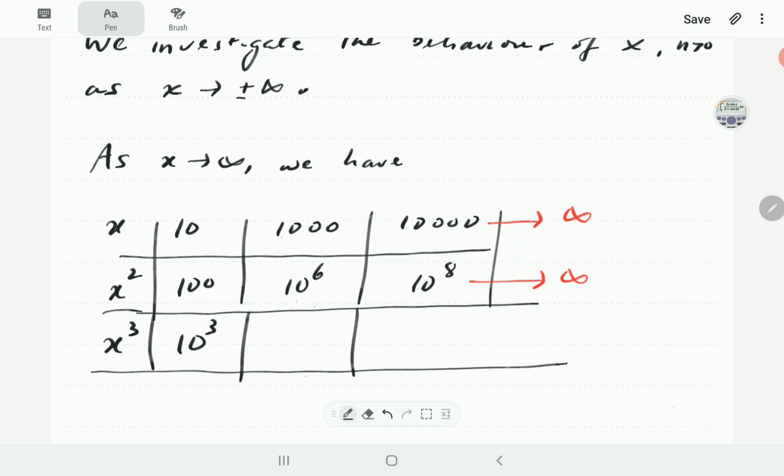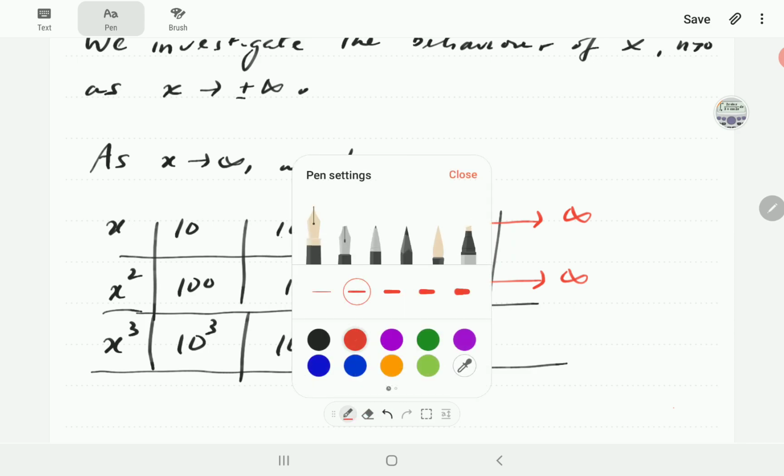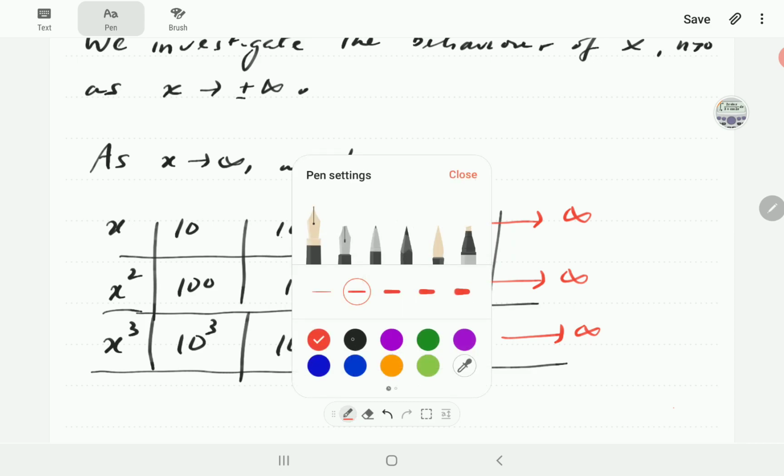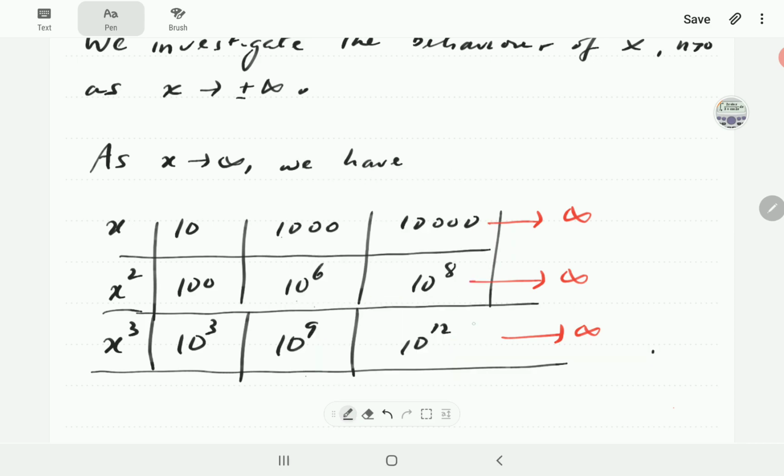When x is 1,000, x cubed is going to be 10 to the power of 9. And when x is 10,000, x cubed is going to be 10 to the power 12. Again, we notice that this also goes to infinity, and actually it goes to infinity even quicker than x squared.